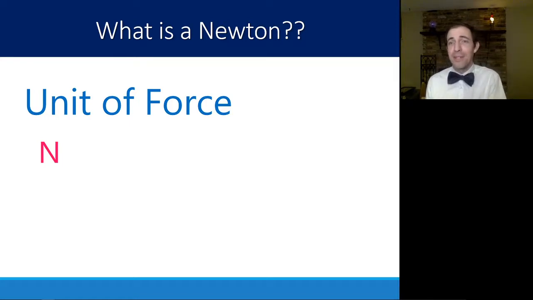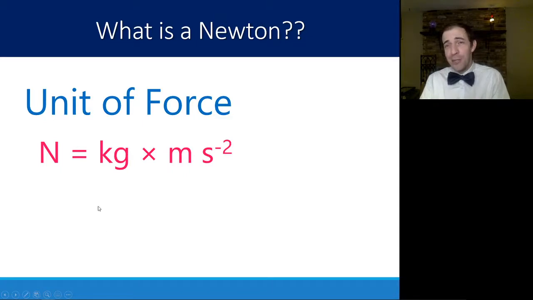Primary or fundamental units can be combined to make derived units, like a newton here. So a newton is actually a derived unit: kilograms times meters per second squared. All 3 of these units are fundamental, so you can see where the newton comes from. In our next lesson, we're going to talk about exactly how this unit is related to an equation relationship that we know. But for now, just know that newton is a derived unit.